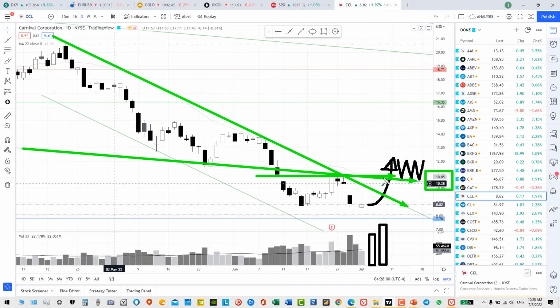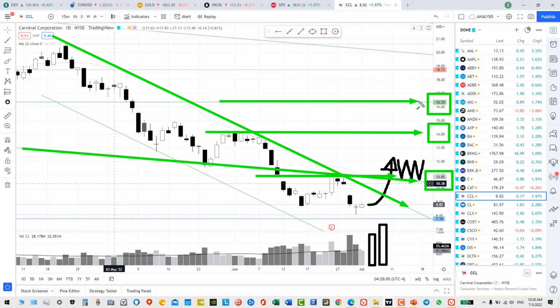Only then we may say that a correction is signaled, with the first target near the nearest resistance around $14 over the short term. Over the medium term, the second resistance and second target may be $16, and over the long term it may reach the $19 or $18 area, which is the nearest monthly resistance.